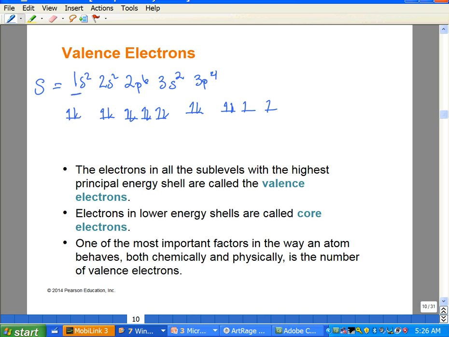Energy level 1 is filled to its maximum capacity. Energy level 2 is filled to its maximum capacity, but energy level 3 is not, right? Because we can still have 3d electrons that have not been filled yet. So these electrons that have been filled to their maximum capacity are what we call core electrons.